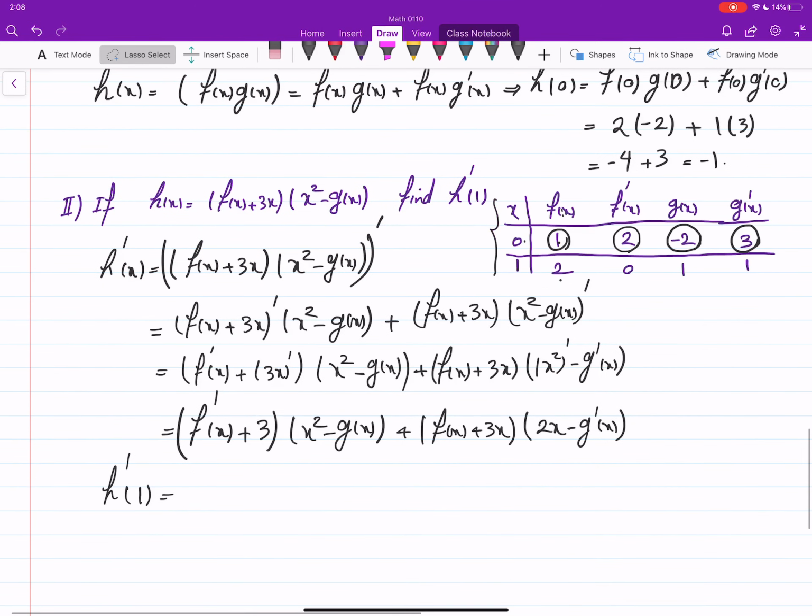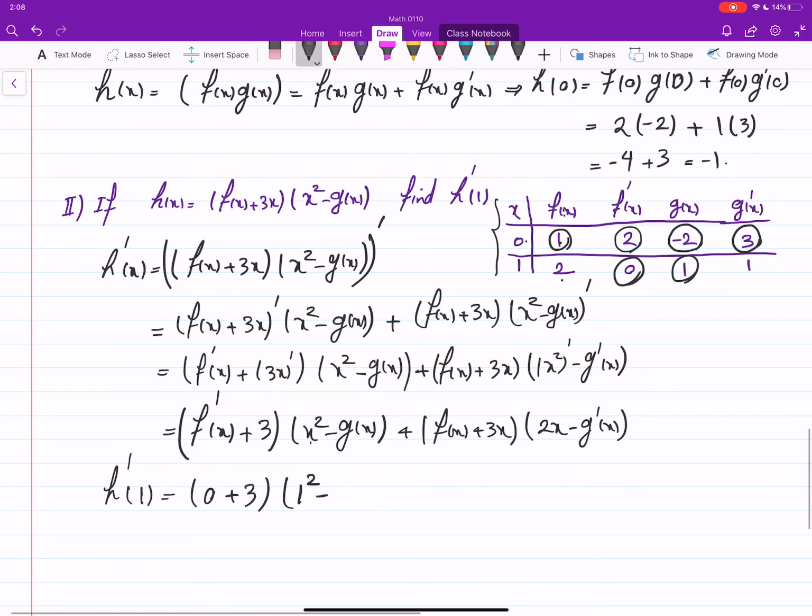So now f prime at 1 is this value. So it will be 0 plus 3 times 1 squared minus g at 1.